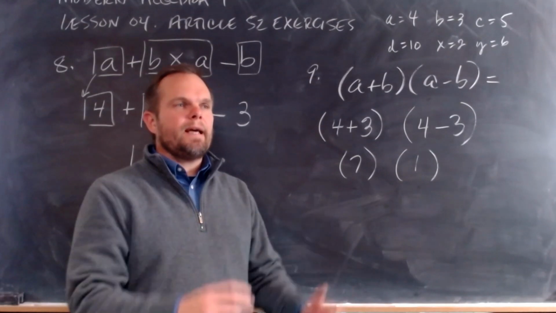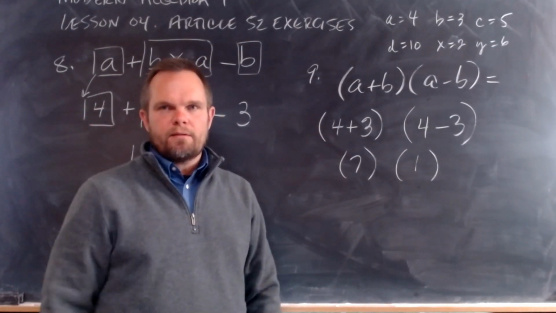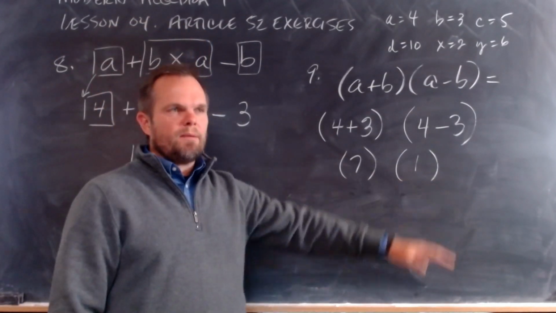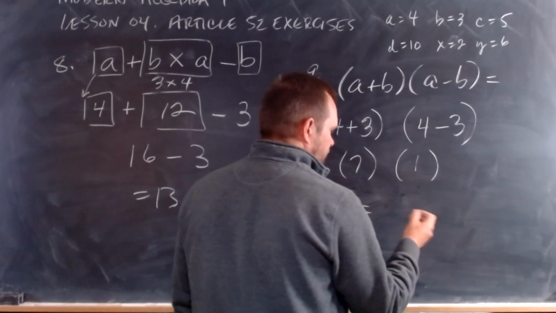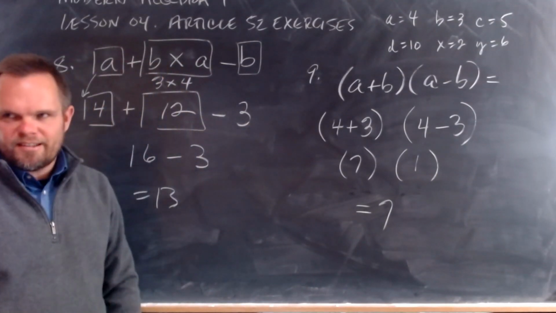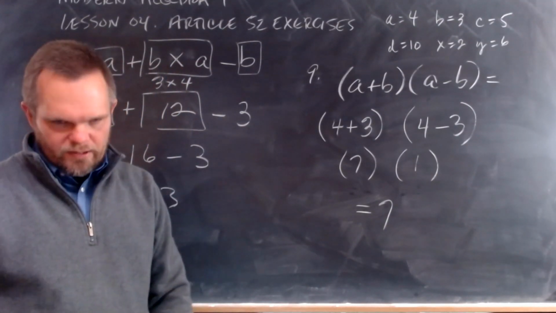What does it mean in algebra when two quantities are shown standing side by side? Times. Multiplication, good. Okay? So we simply multiply. 7 times 1 makes what? 7 times 1 makes 7. Is that the right answer? Yes. So we're through number 9.